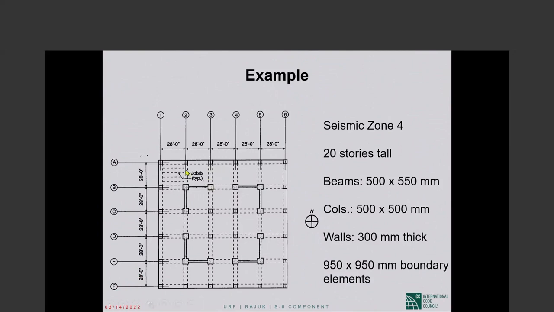So this beam is coming into the shear wall. What is the question? If the beam width is greater than the shear wall width, then how will the beam rebar be continued into the shear wall? I see.